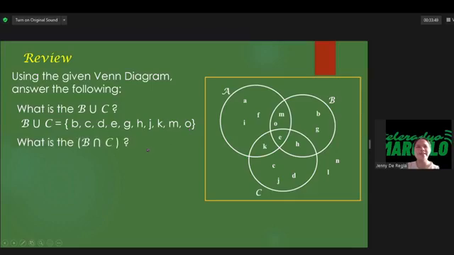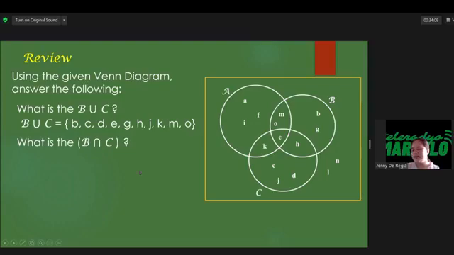Next, what is the set of elements of B intersection C?